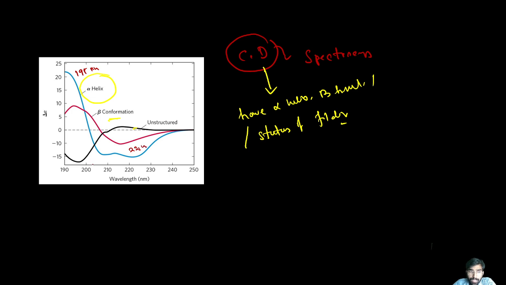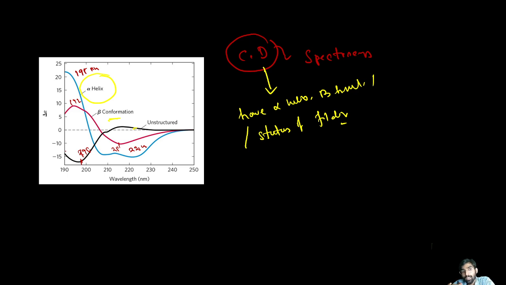For beta conformation, it's showing something here like 192 nanometer, and in between, 215 nanometer. And for random coil, the negative value is showing only near around 198.